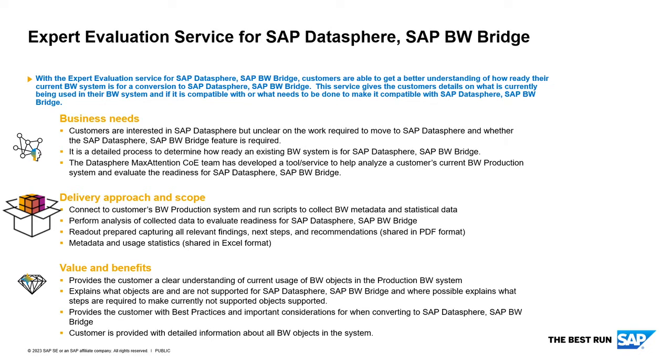Again, we're not looking at the transactional data, we're just looking at object-related data and statistical information about those objects. We also may check some objects in the system based on what we see in some of our initial scripts. With the scripts and the results, we perform a detailed analysis to evaluate the readiness for SAP Datasphere SAP BW Bridge.